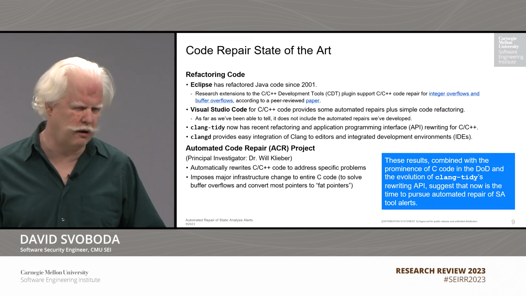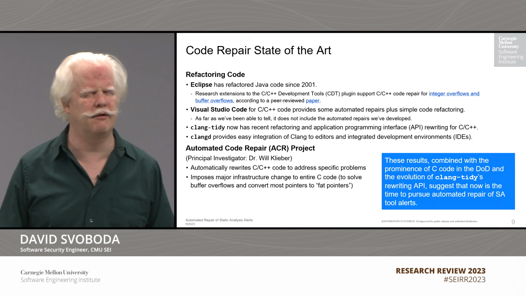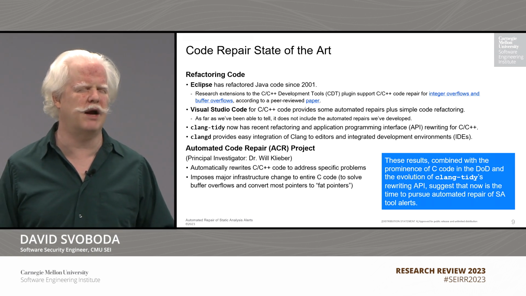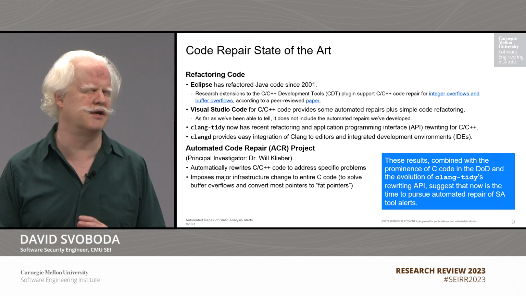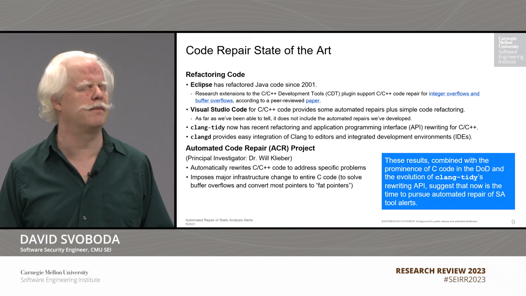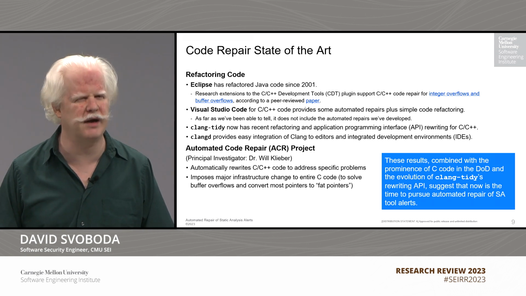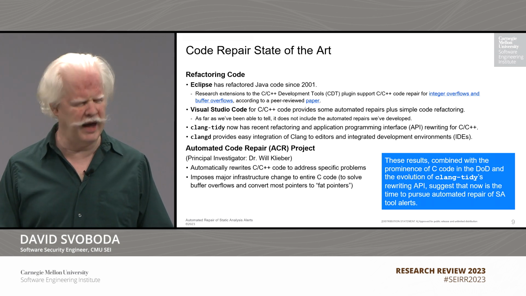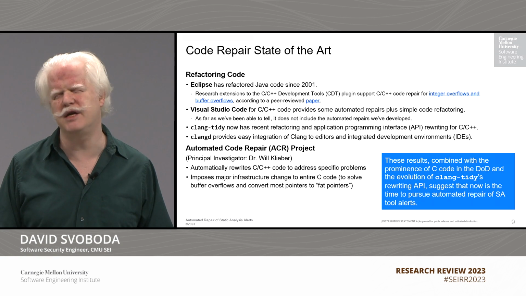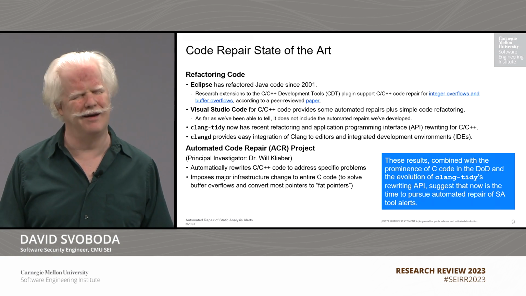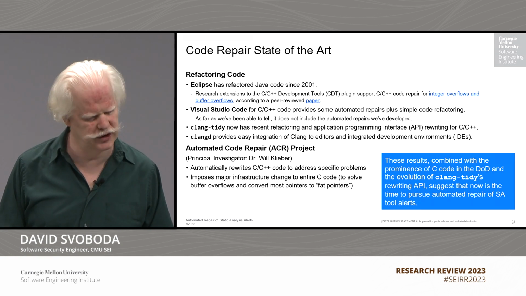So the current state of the art with code repair and refactoring is that refactoring code has been available for Java for 20 years. Eclipse is an open source Java interactive development environment that provides repair and has done so for 20 years. However, the work of repair in C code has been all confined to the research community.